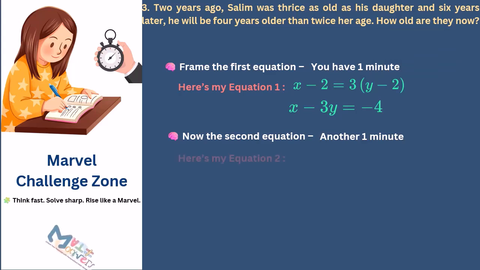Got it? Here's equation 2. x minus 2y equals 10.